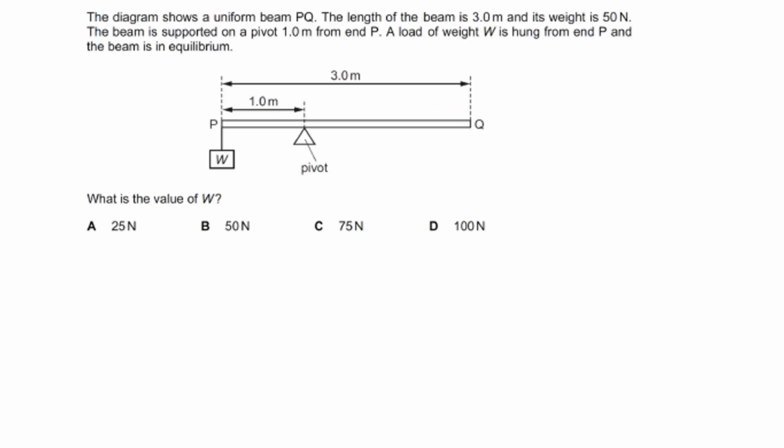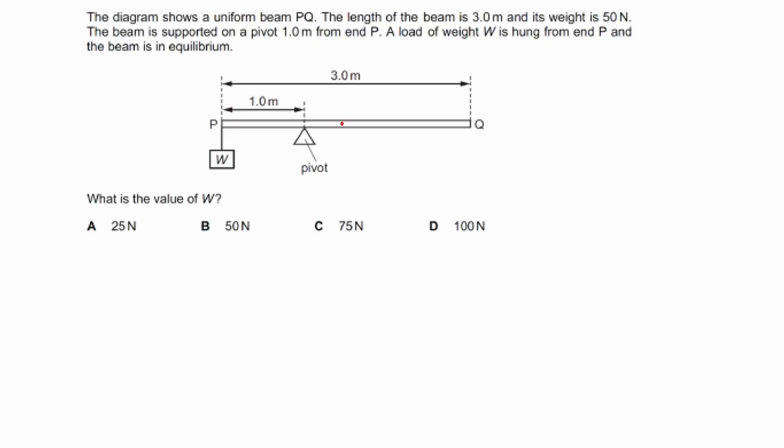The diagram shows a uniform beam PQ. The length of the beam is 3.0 m and its weight is 15 newtons. The beam is supported by a pivot 1.0 m from the end, with a load of weight W hung from end P, and the beam is in equilibrium. What is the value of W? So the first thing you want to do is take the weight, because they give you the weight but they don't necessarily tell you where it is acting on the beam.